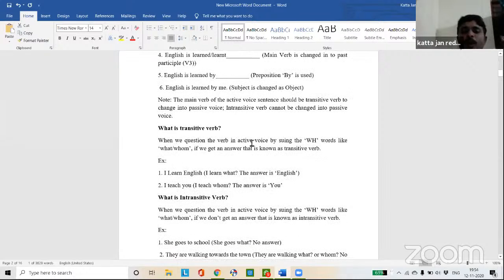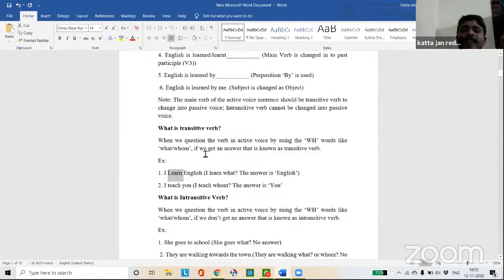When we question the verb in active voice, what is the verb here? Learn, right? So we question the main verb in the active voice with two WH words. What are they? What or whom. We can question with either what or whom. Any one of them we can use to question the main verb in the active voice.